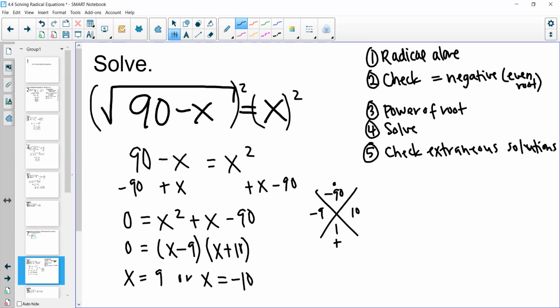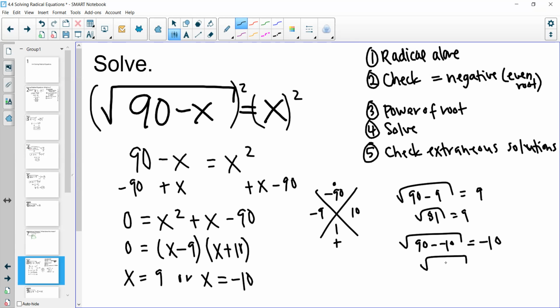So if we plug 9 back in, we end up getting the square root of 90 minus 9 equals 9. Fantastic. We've got a square root equals a positive, the square root of 81. That does equal 9. Perfect. Okay, now let's check this next one. We've got the square root of 90 minus negative 10 equals negative 10.